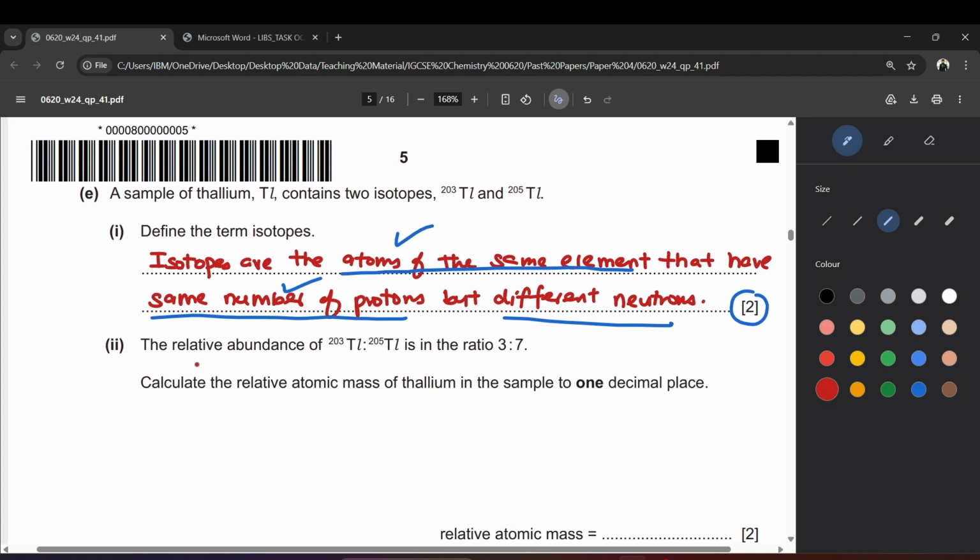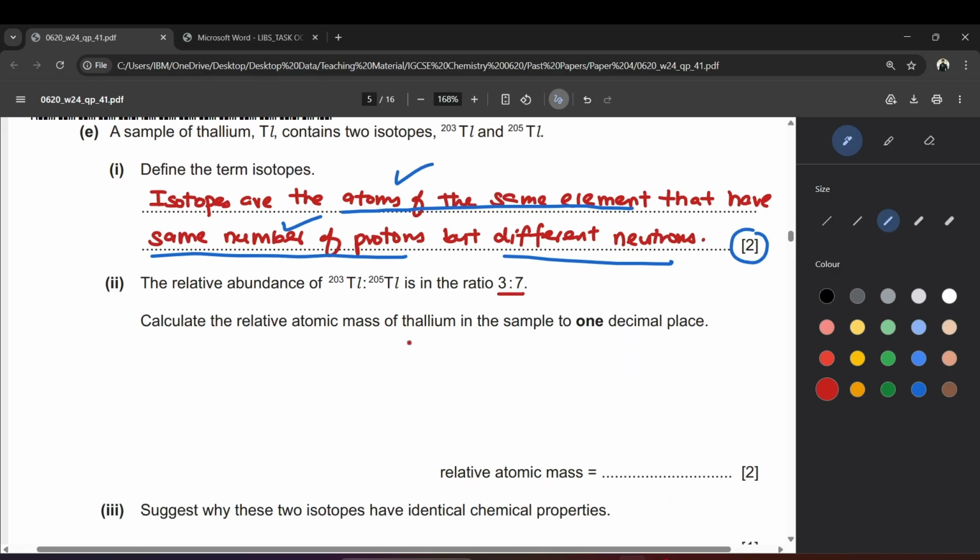Okay. Part 2 is the relative abundance of the isotopes is in the ratio 3:7. Calculate the relative atomic mass of thallium in the sample to 1 decimal place. Now we can do this in two ways. One of them that you might be familiar with is when the percentages are given to you.